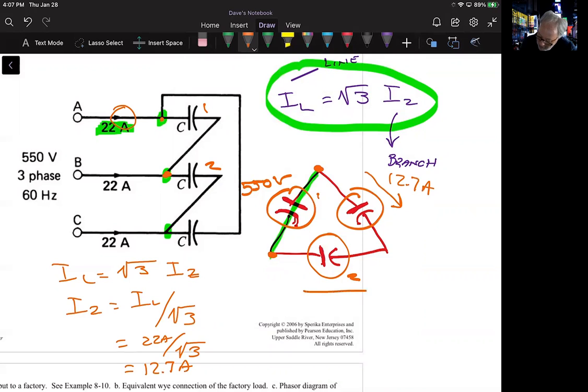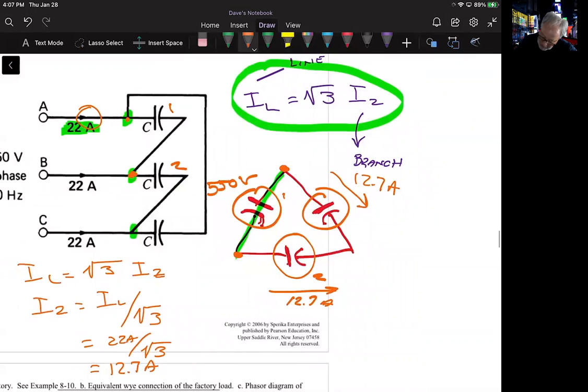Now, just so you know, that's in each of the branches. So I have basically Ohm's law, right? It says R is equal to voltage divided by current. I'm not dealing with R, I'm dealing with capacitive reactance.